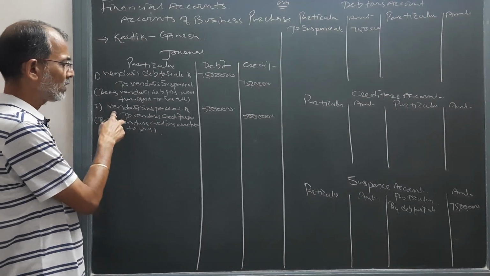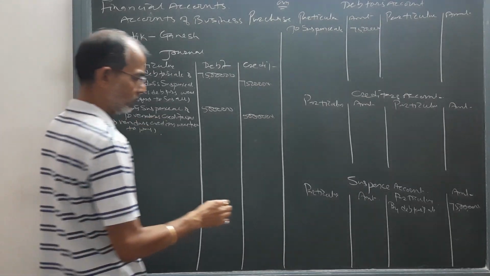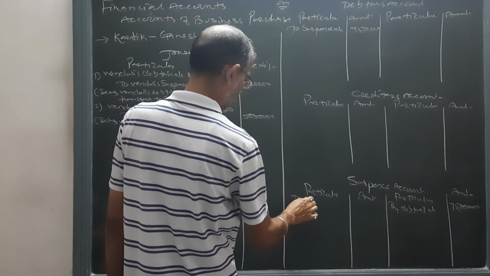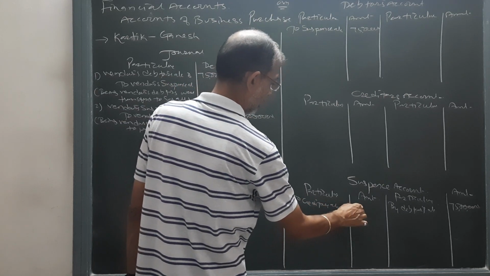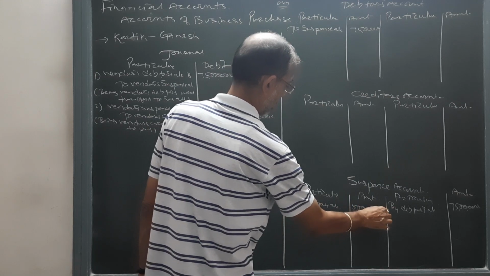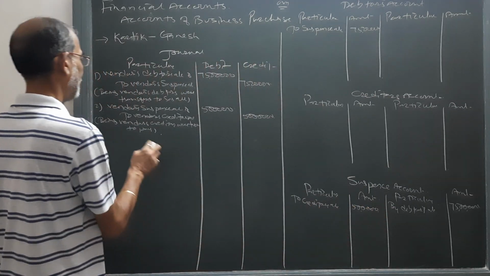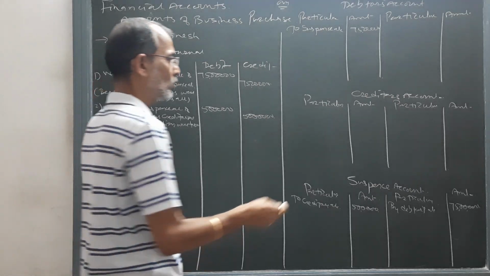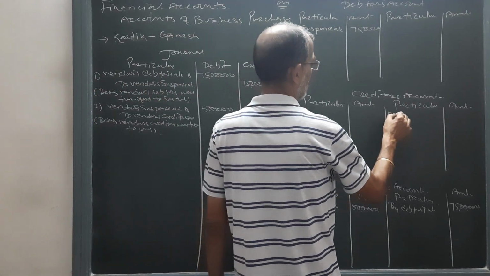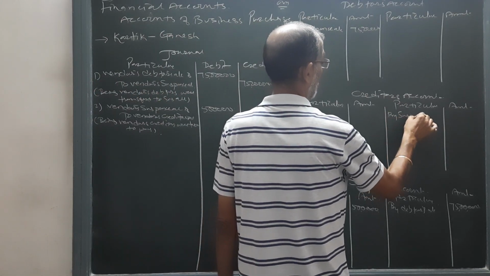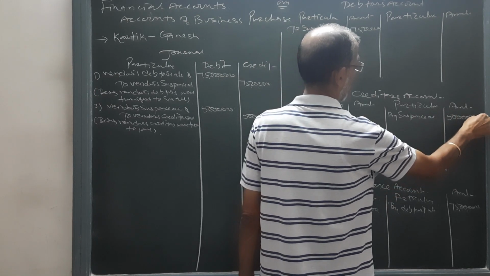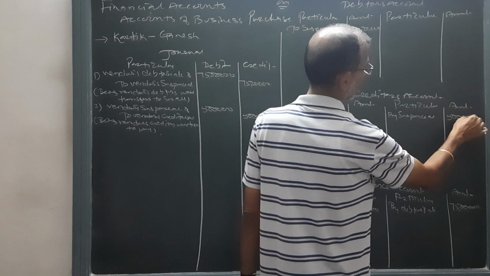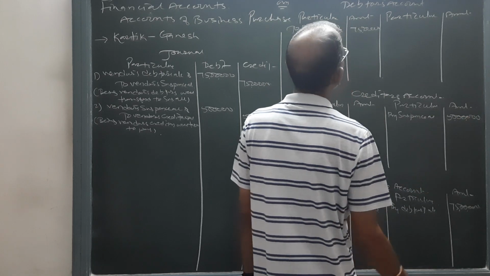Now suspense account is debit because of creditors, so to creditors account 50 lakh, while creditors account is credit because of suspense account, so by suspense account 50 lakh.